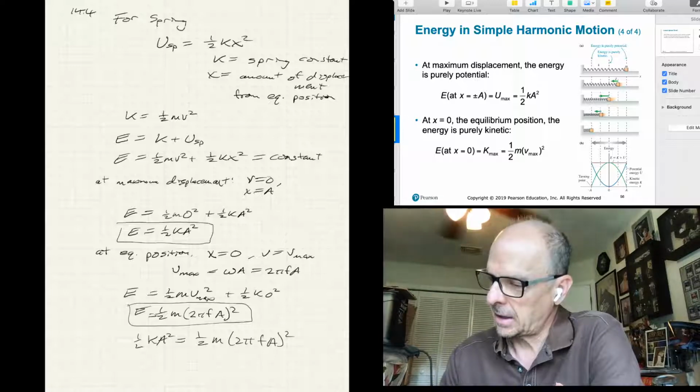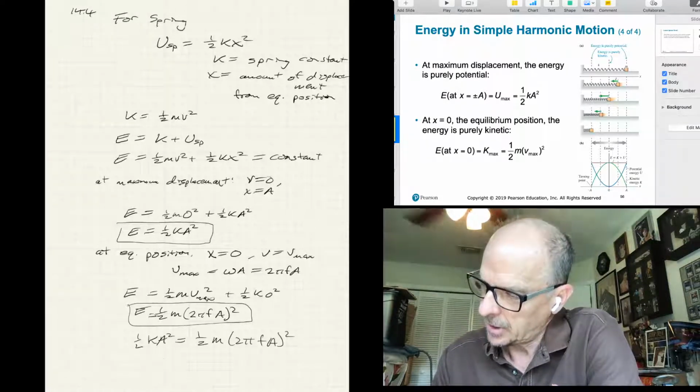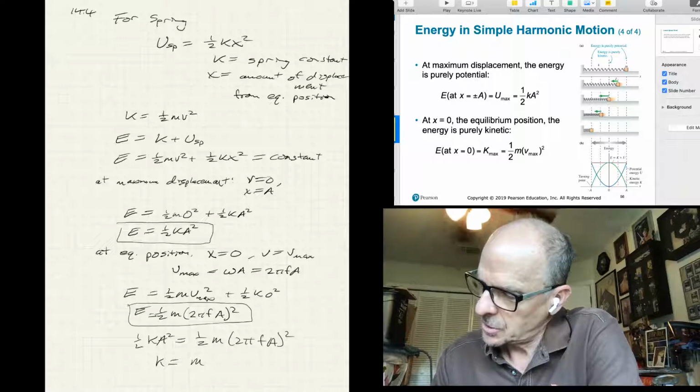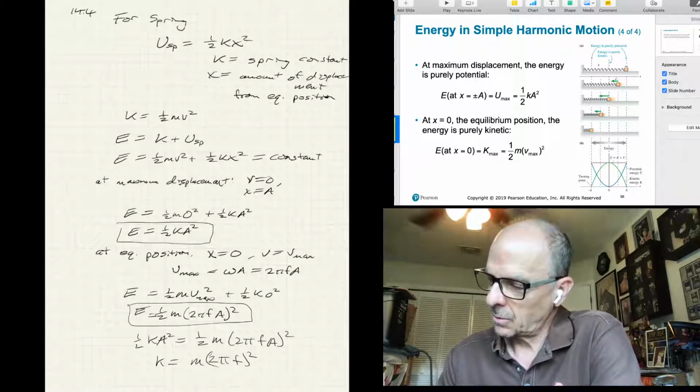My halves cancel and my a squareds cancel, and that gives me K equals m times (2 pi f) squared, and I can then rearrange that to solve for f.